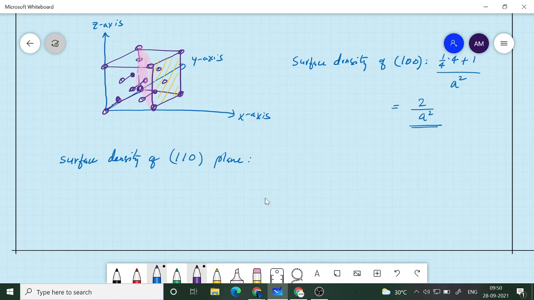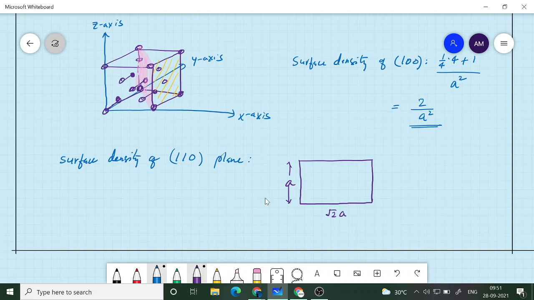Let me do a 2-dimensional representation of that. The height is a, the same as the lattice constant. Now what is the length of the diagonal? It is basically root 2a, because the x-axis is a cubic lattice with dimension a, and the y-axis also, therefore the diagonal will be root 2a.